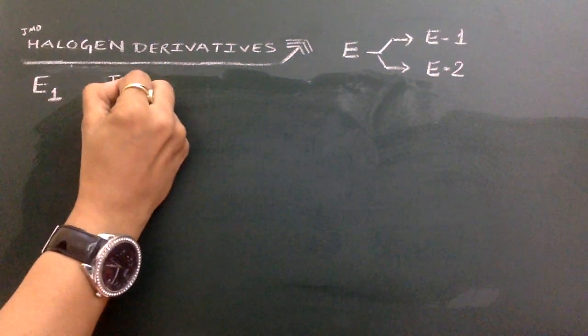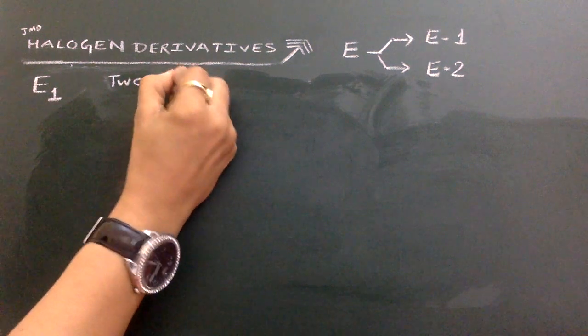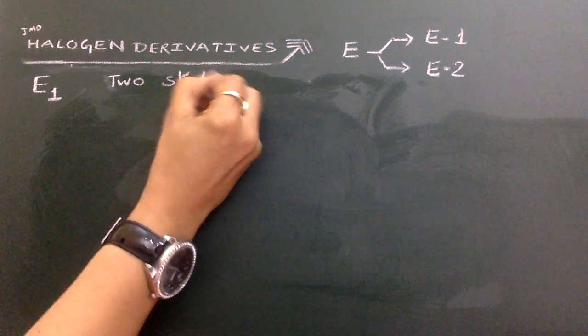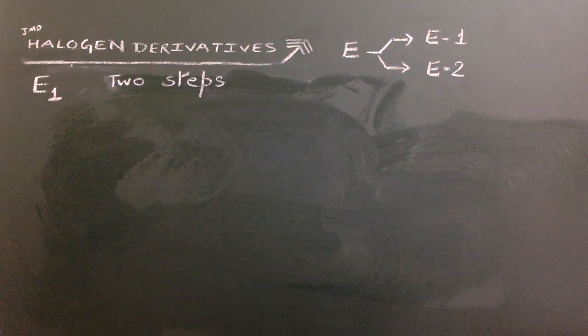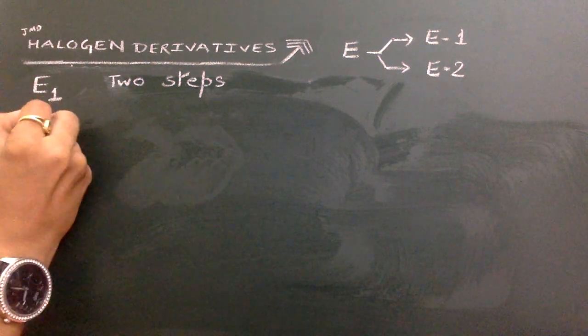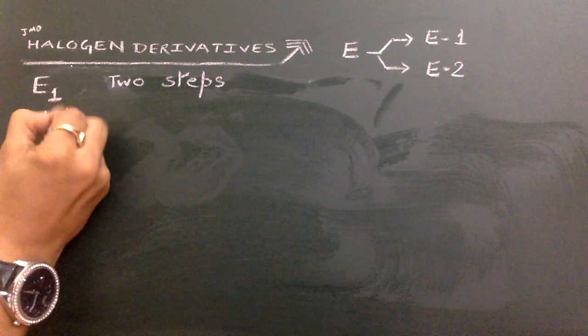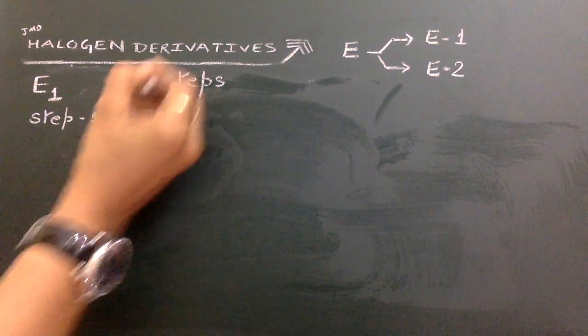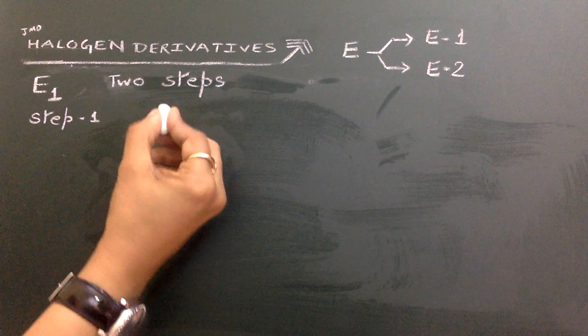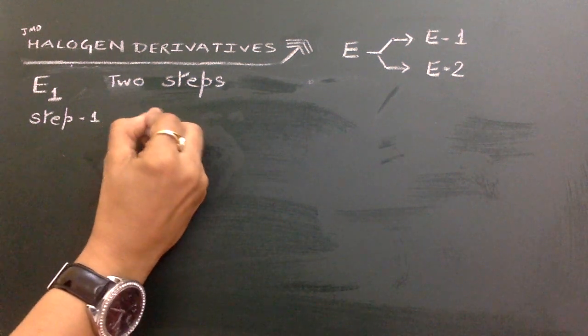And step 1 is, let us see, in this step, tert-butyl carbocation is formed. See how?